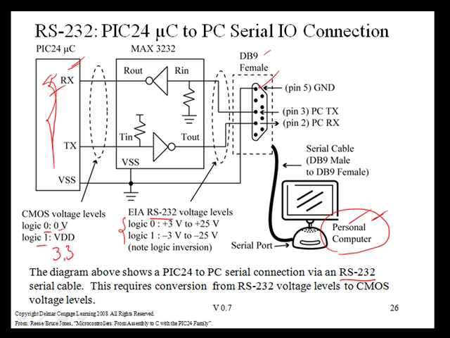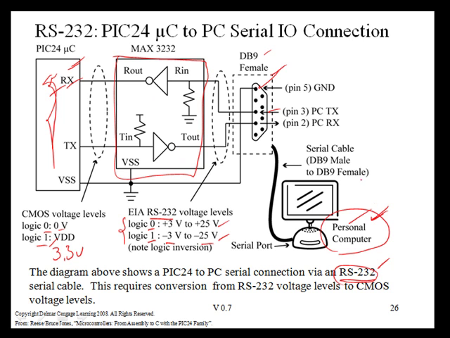In our case, it's 3.3 volts. For RS-232, however, logic 0 is plus 3 volts to plus 25 volts, while logic 1 is minus 3 volts to minus 25 volts. Notice that there's a logic conversion here. This is positive voltage for logic 1, while this is negative voltage for logic 1. So in order for these two devices to talk to each other, you need a special interface chip to convert between these two logic levels.